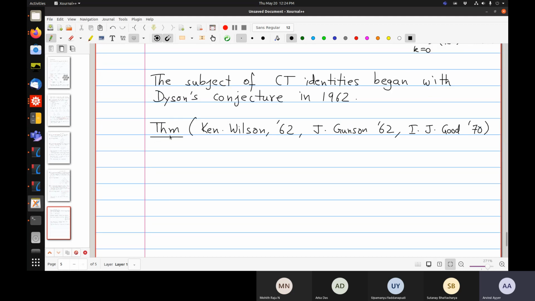So here's the conjecture, and the theorem. Let a1 up to an be non-negative integers.